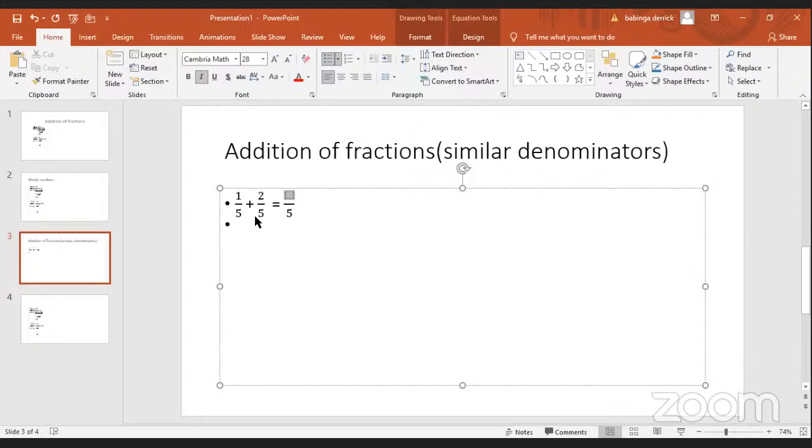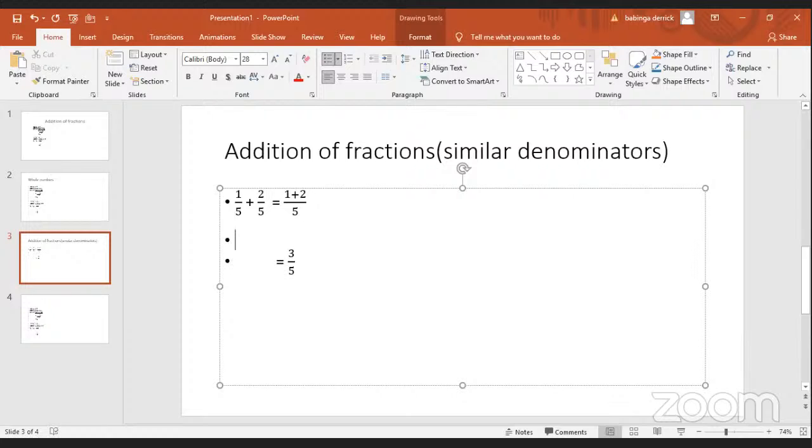You pick only one denominator from the fractions you have, and then you add the numerators, that is 1 plus 2, which gives you 3 out of the same denominator.